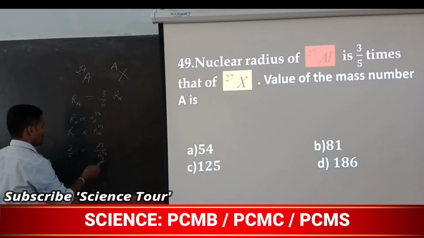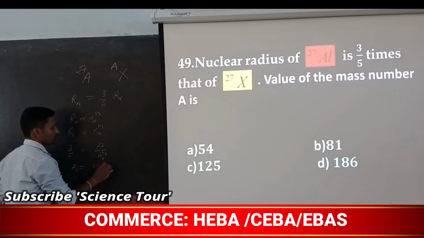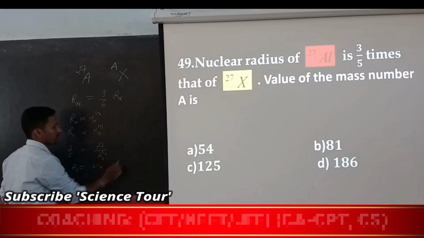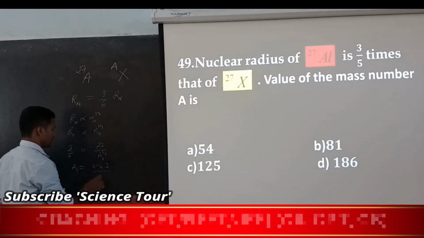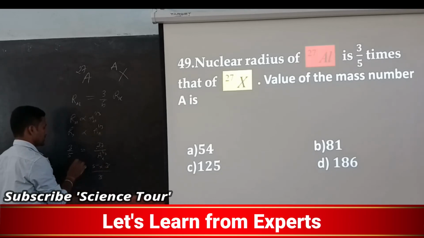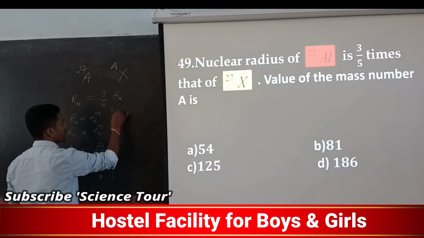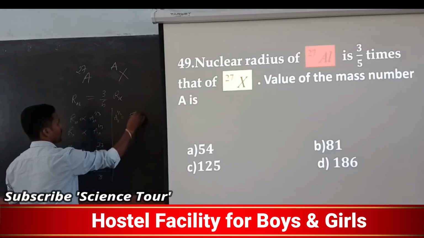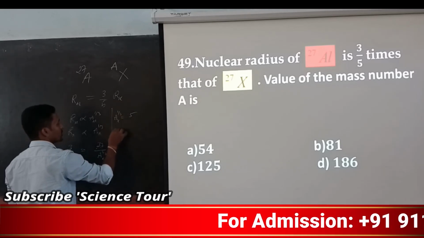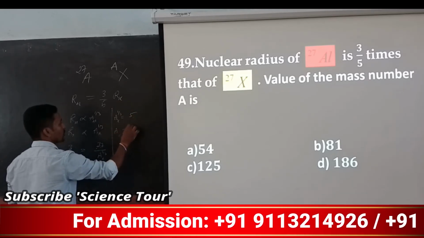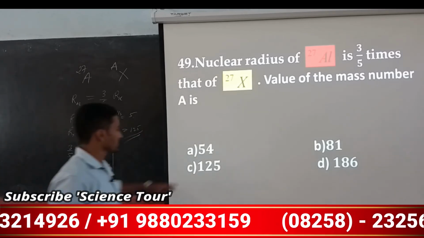So A_X^(1/3) is equal to 5 into 27^(1/3), that is 3 divided by 3, the 3 cancels. So A_X^(1/3) is equal to 5. I have to take the cube, so A_X is equal to the cube of this, which is 125.